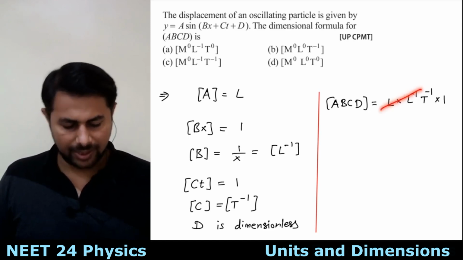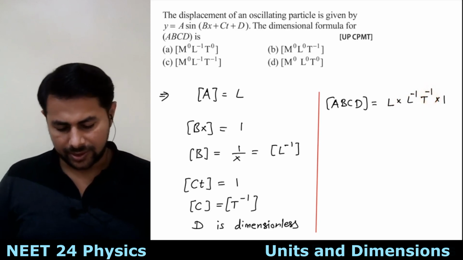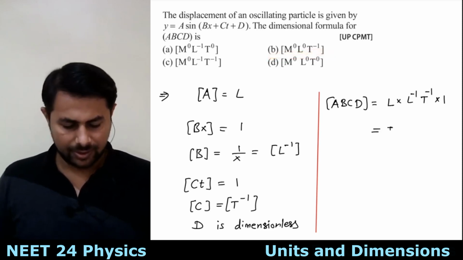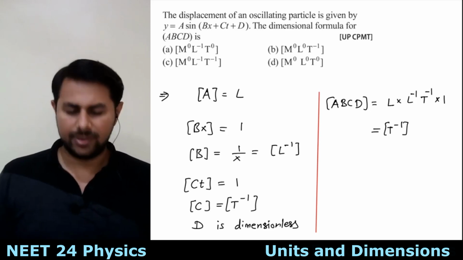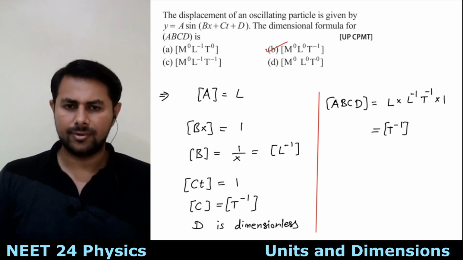Okay, so L minus 1 and L plus 1 gets cancelled out, it is T raised to minus 1, that's it. T raised to minus 1 is the answer. So it is option B, right? T raised to minus 1 means everything else is 0. This thing is clear, everyone?